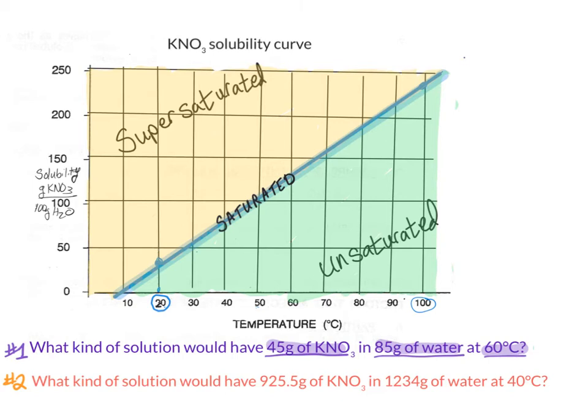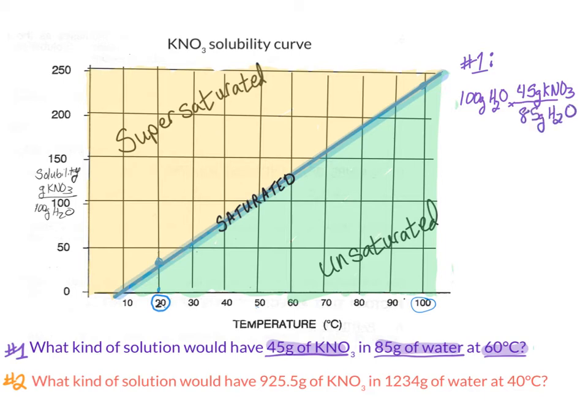So you probably noticed that we do not have 100 grams of water, so we need to change this to the 100 grams of water solution. See how much KNO3 would be there if there were 100 grams of water. So we start by multiplying 100 grams of water by the ratio that we currently have, which is 45 grams of KNO3 in 85 grams of water.